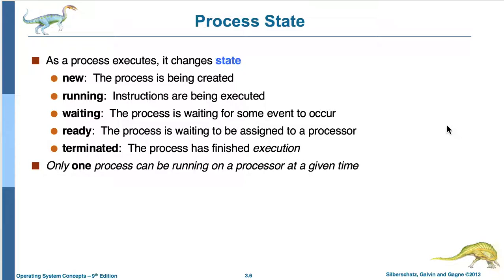We'll cover that in just a moment on the state machine. One quick comment here is that only one process can be running on a processor at a given time. Of course, as most modern systems have multiple cores, you can have multiple processes running concurrently.